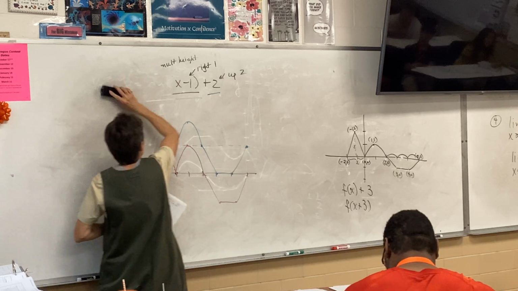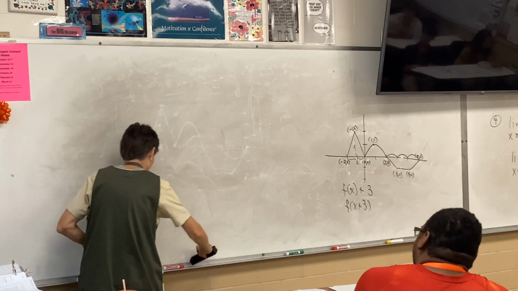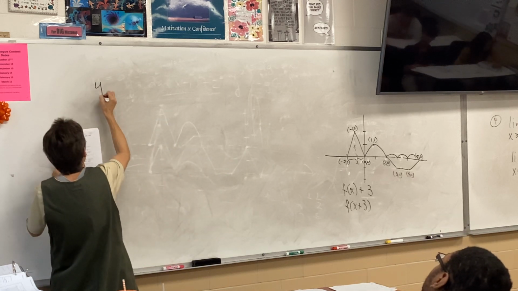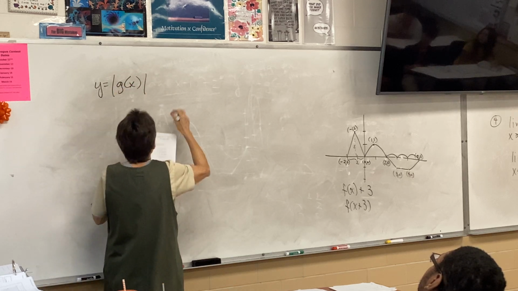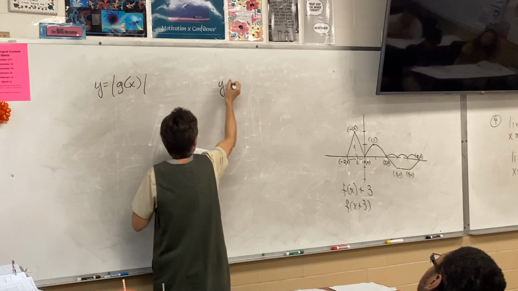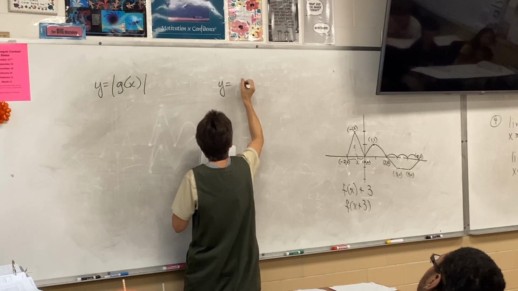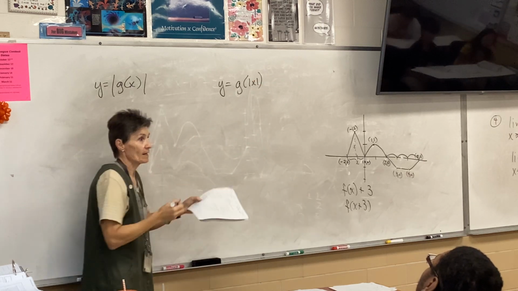All right, so now we're going to talk about absolute value. And we're going to use that same picture right there. And just like everything else we do, we have to pay attention to where the absolute value is.